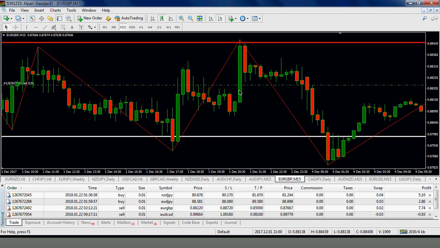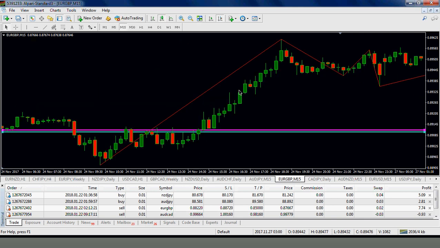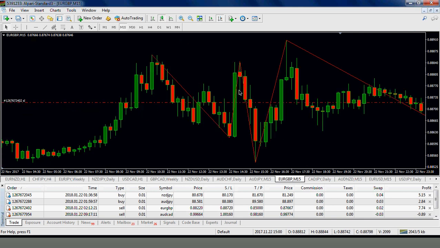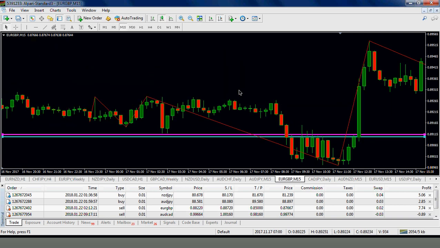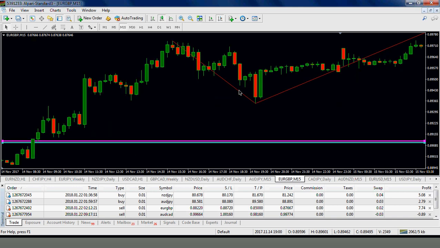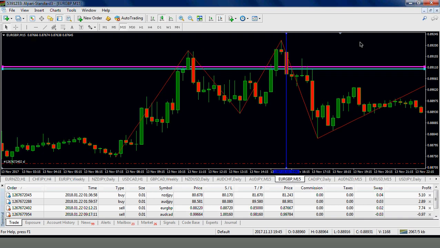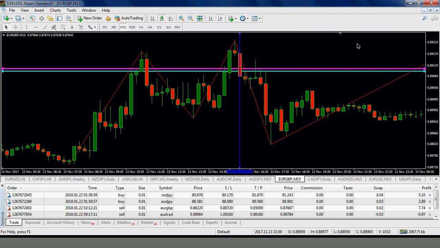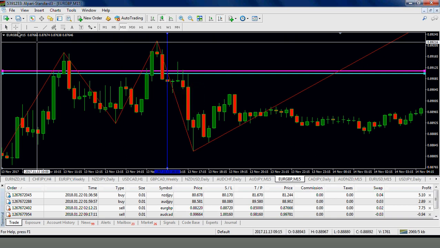Remember. Okay. So you see this now. At this point, we would have taken the trade at the close of this candlestick.